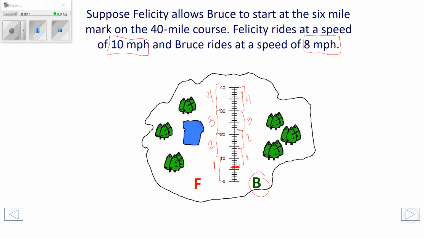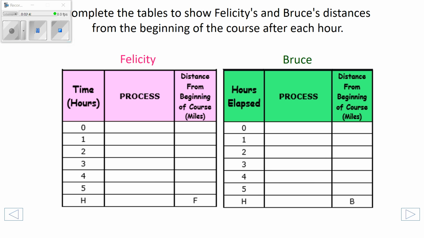Okay, so on to the tables. What we're going to do now is take what we just did and put it into our table. So for Felicity, let's do Felicity first. We know that at 0 time, where was she? She was at 0, okay? And after 1 hour, she was at 10 miles. 2 hours, she was at 20 miles. 3 hours, she was at 30 miles. 4 hours was 40, and 5 hours would be 50.